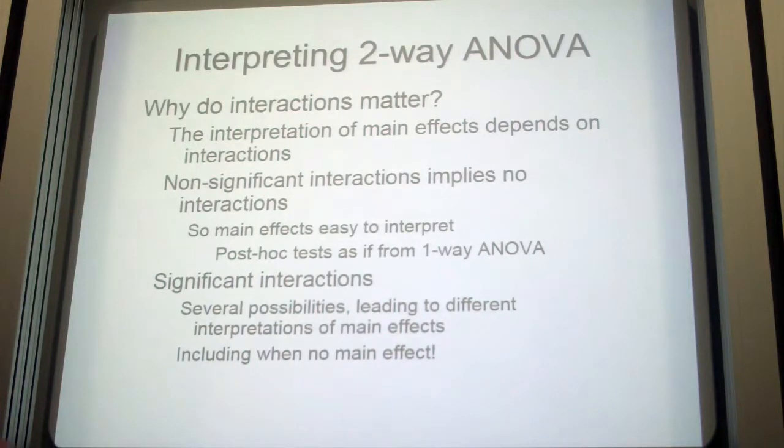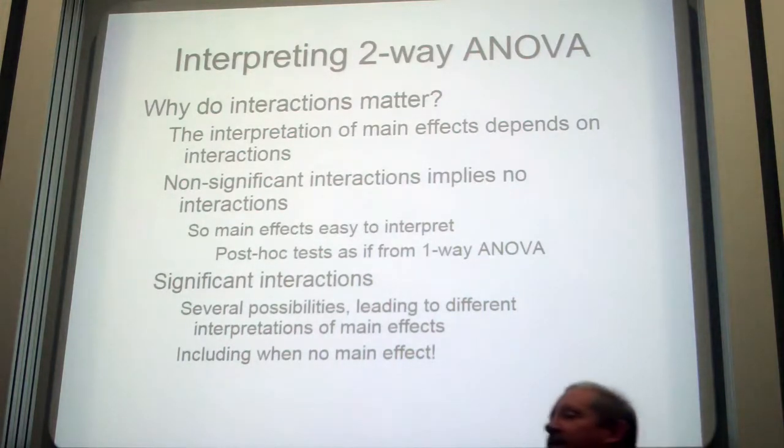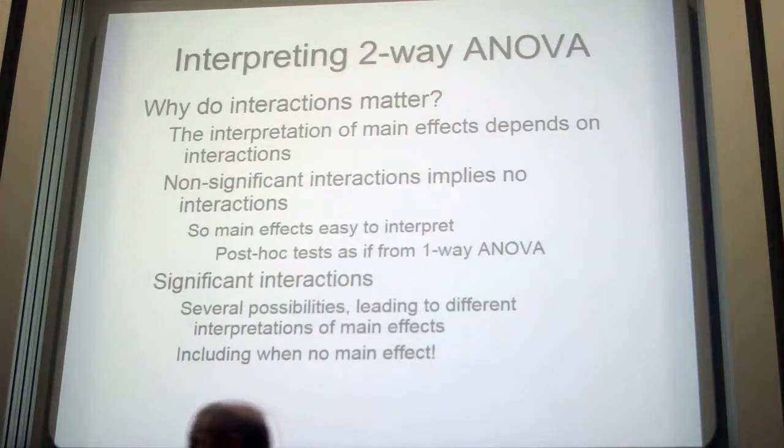With a two-way ANOVA, the interaction term, if it's significant, is the one that you need to look at first. So the interpretation of main effects is going to depend on the interaction. If there's a non-significant interaction, life is relatively straightforward.